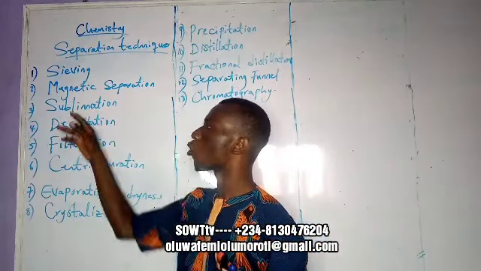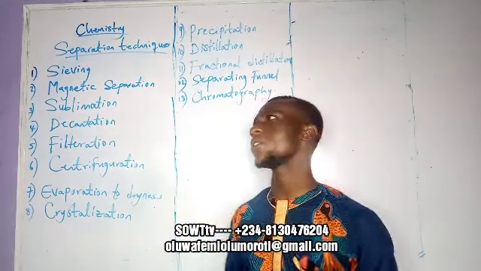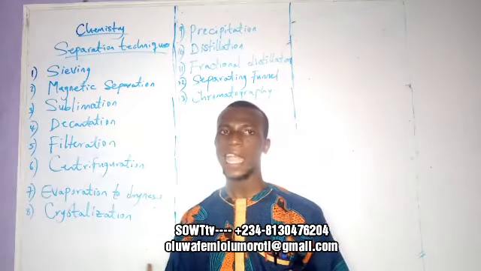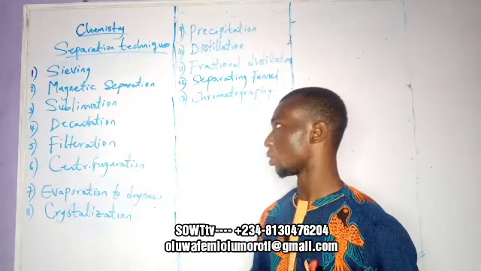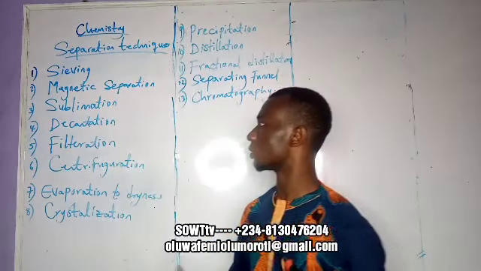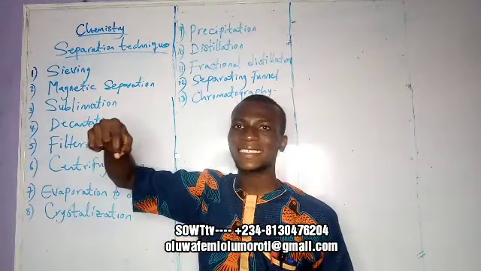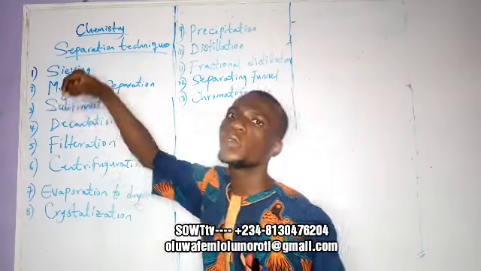And we have what we call sublimation. Sublimation is another separation technique that we apply to some elements like iodine and ammonium salts, that can easily sublime without attaining the liquid state.